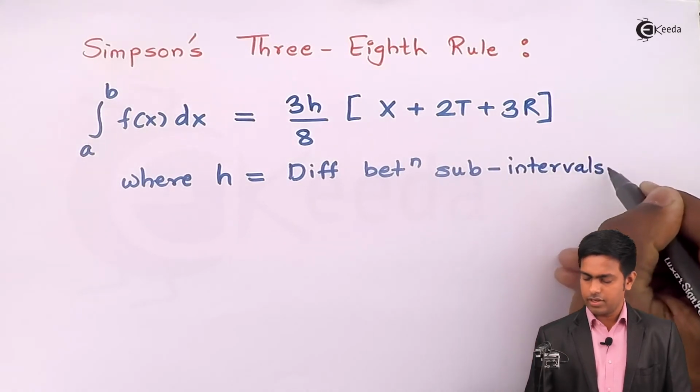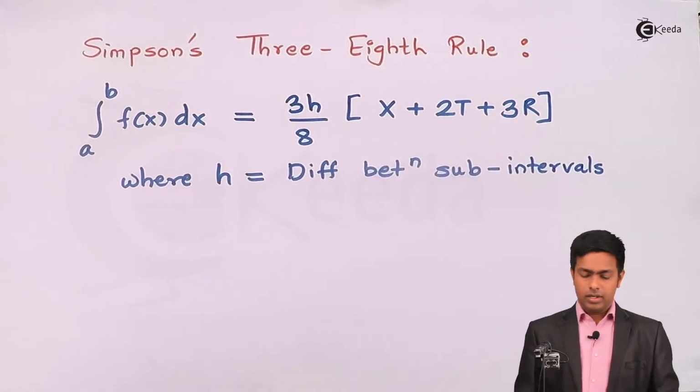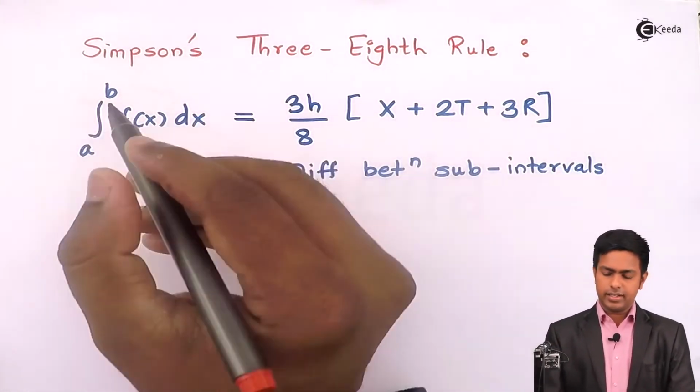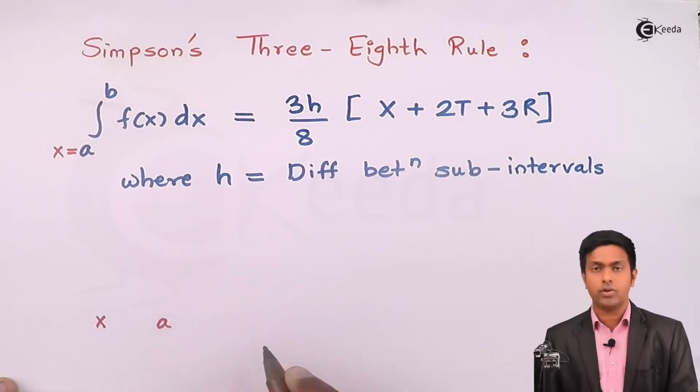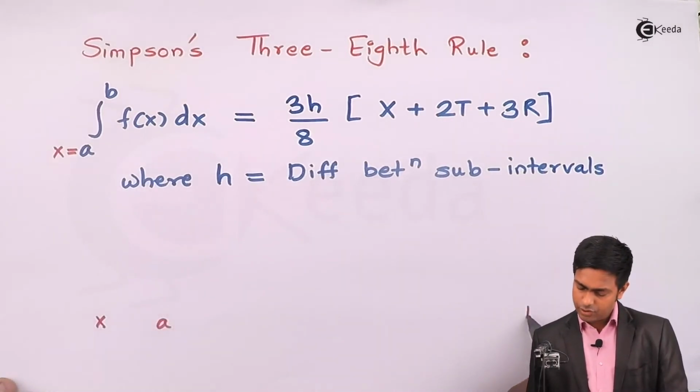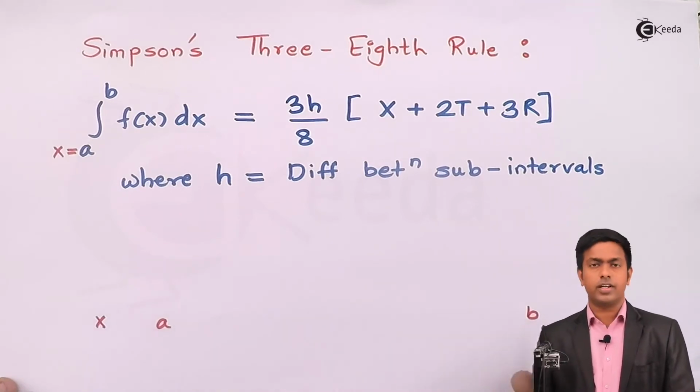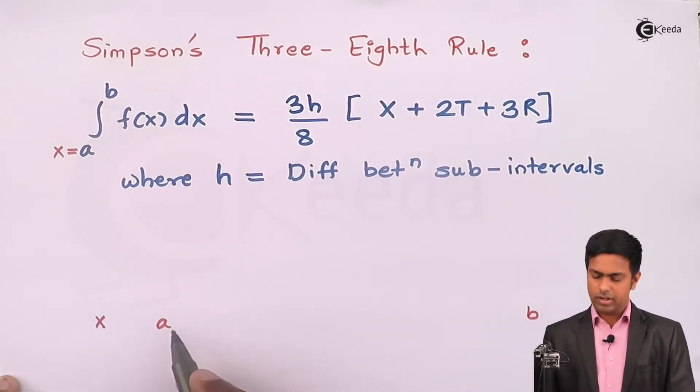So guys, here I'll show you. Let's say this is the value of x, that is from a to b. Let's say the first value is a, and let's say the last value is b. In between this, we'll take certain values of x.